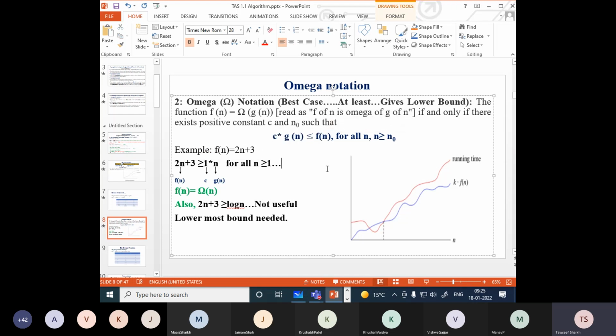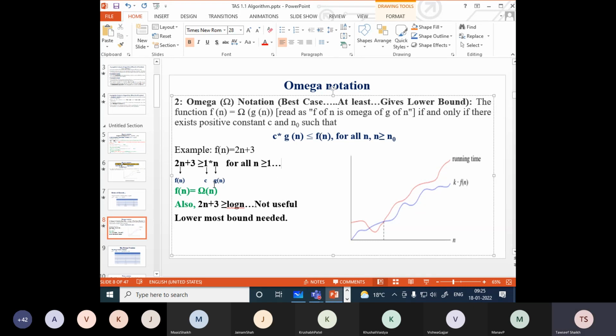That is the point. I have to see by which term I should multiply g of n, so that c into g of n will always be less than or at least equal to 2n plus 3. And that is where we say f of n is omega of n, because g of n is n, and omega is the notation we use for that.